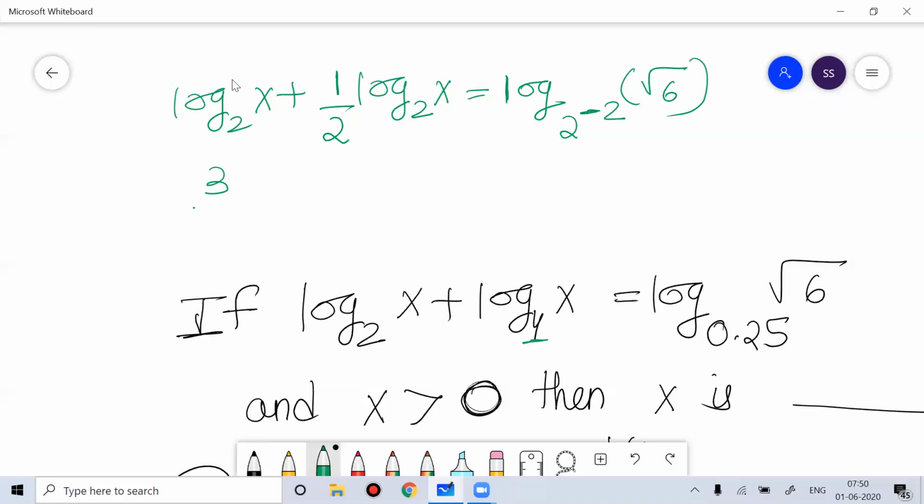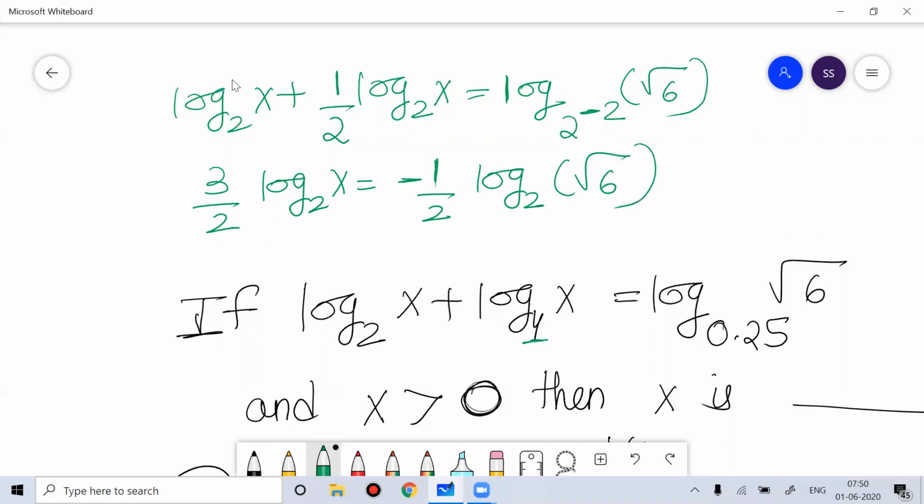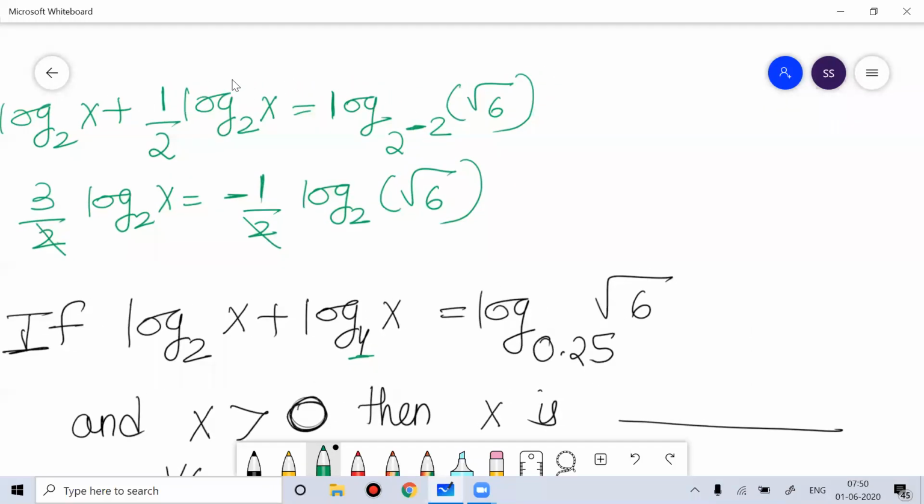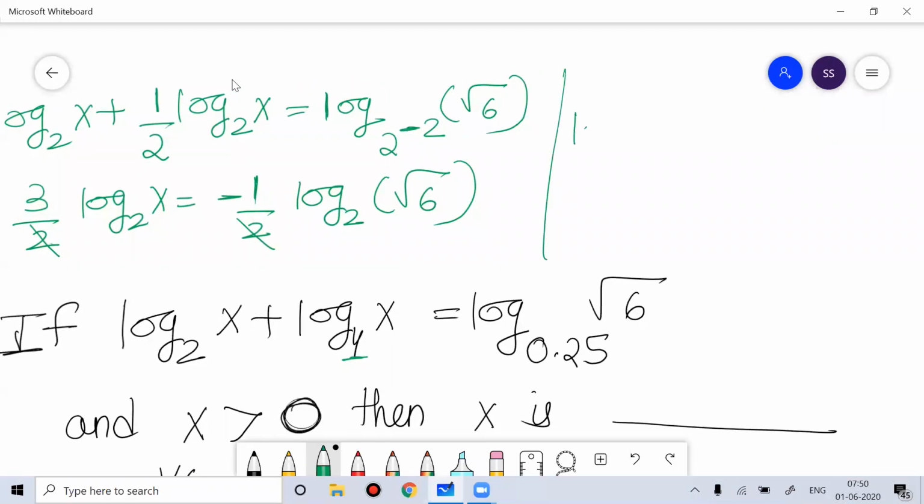So I can write 3 by 2 of log base 2 of x is equal to minus 1 by 2 of log base 2 of root 6. The 2s I can cancel. So I can write this as log base 2 of x cubed is equal to, root 6 is 6 to the power 1 by 2.